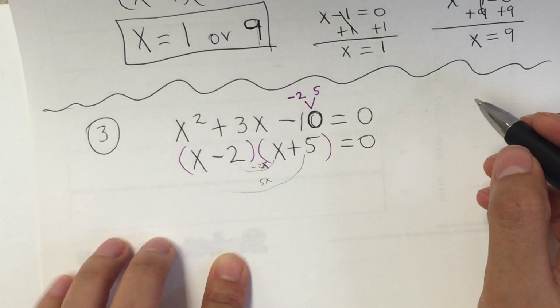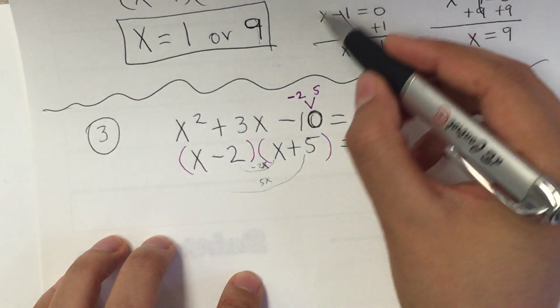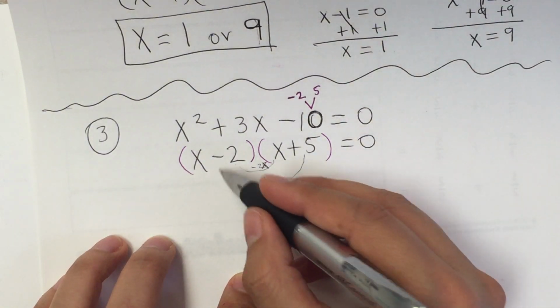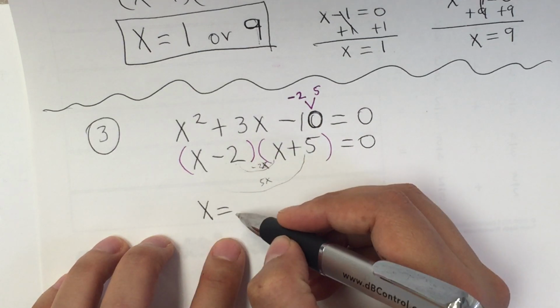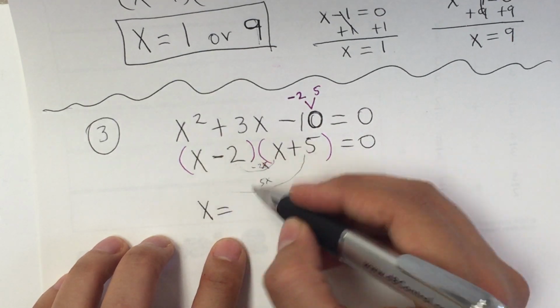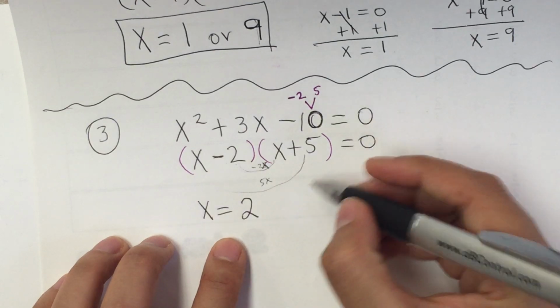Okay, so without having to set each factor equal to 0, we will know that the answer for x is, since this is negative, positive 2.